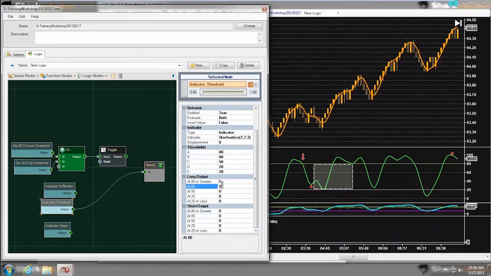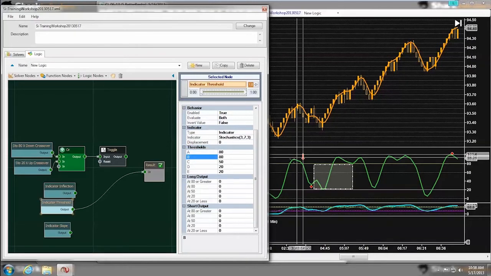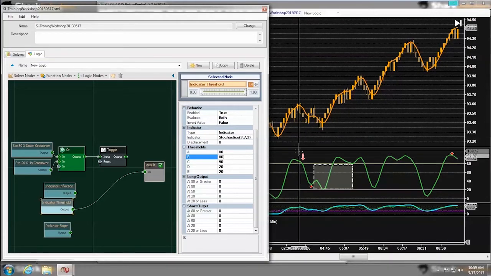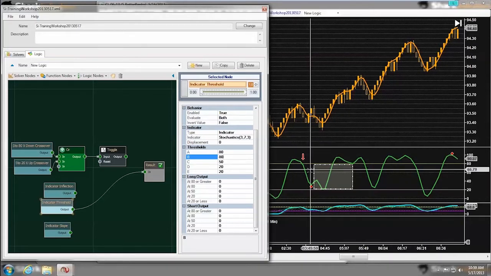And now the reason why I put two 80s in here is because I'm not interested when the indicator is above 80. When it's greater than 80, I'm not interested in this area, so I don't want an output from the solver.